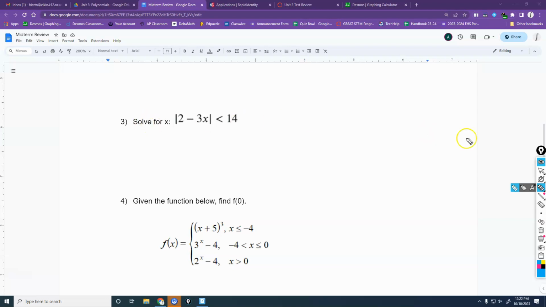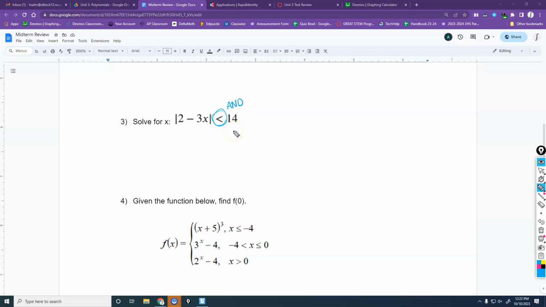Now, Peyton's going to do that, and I'm going to have him send it to me when he gets it. For inequalities, it's a lot the same, but a little bit different. If I have a less than sign, what type of problem is it? There were and problems and or problems. Okay? Less than is and.